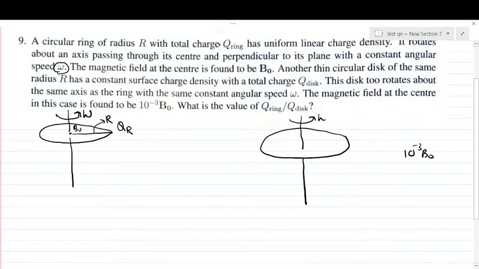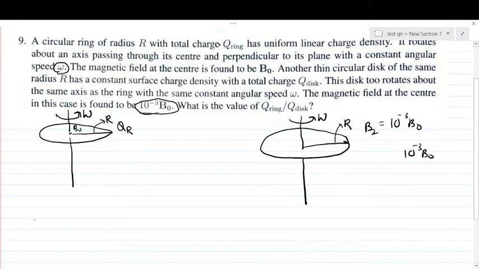It is also rotating with omega and having radius r. And then the magnetic field at the center in this case is, suppose that is B2, equal to 10 to the power minus 3 B naught. It is given. Then what is the ratio of Q ring by Q disc?